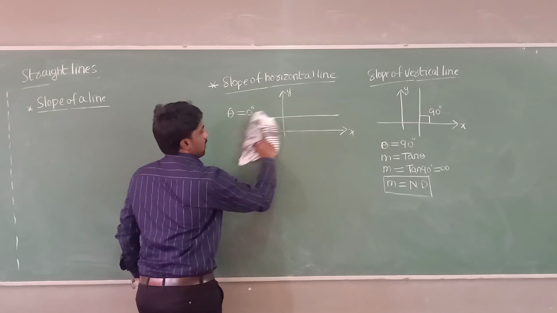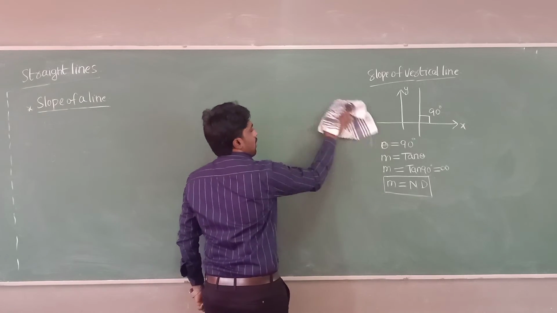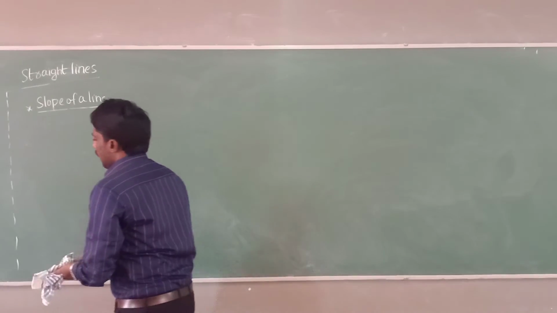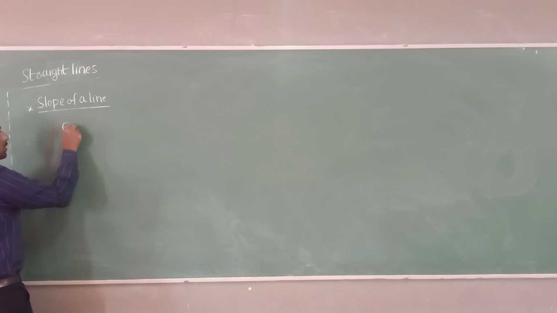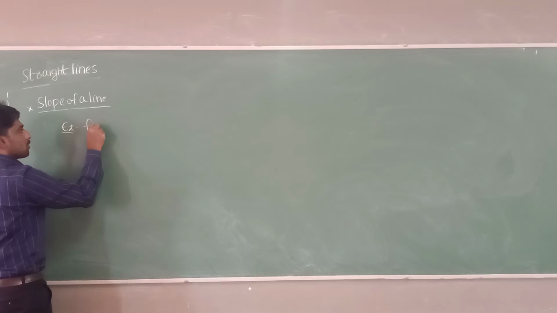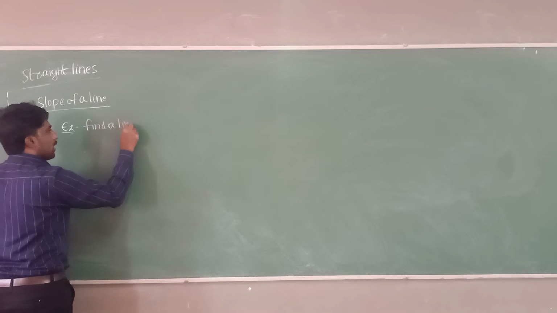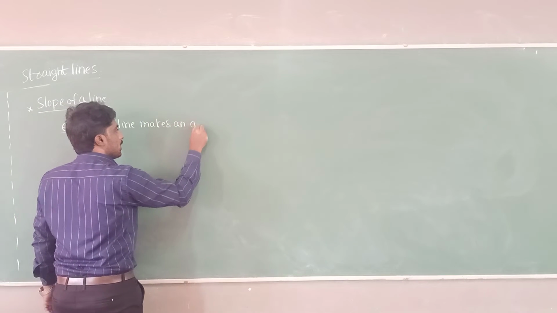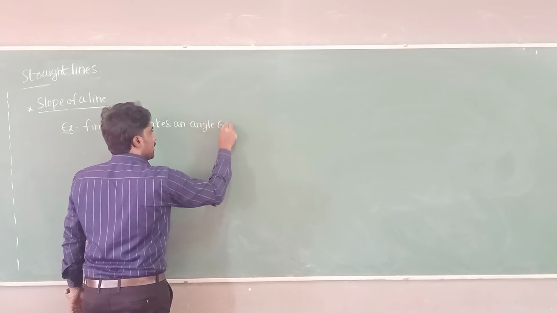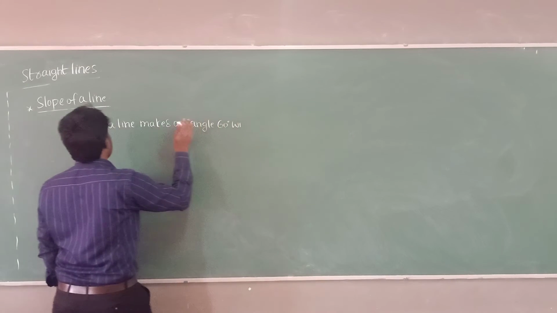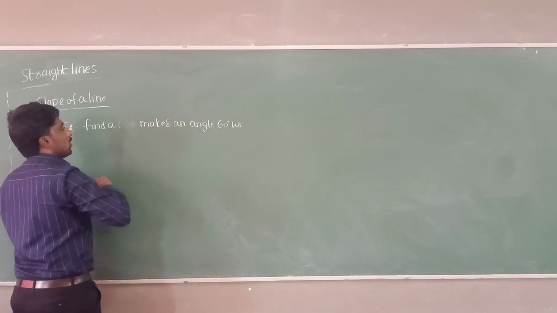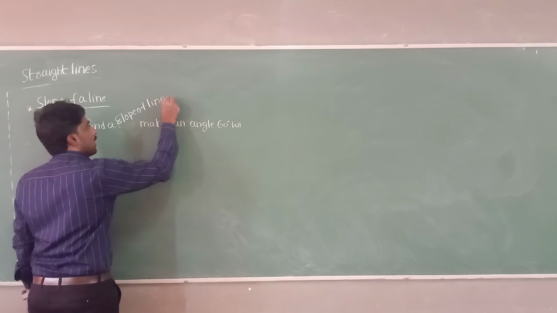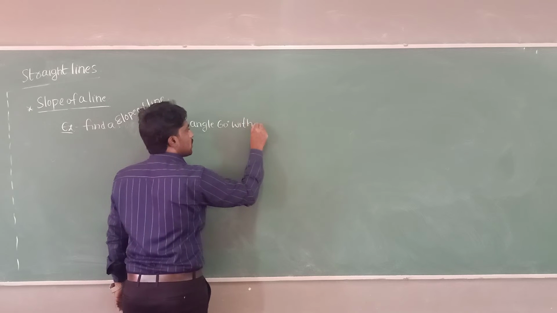Example: find the slope of a line that makes an angle 60 degrees with the positive x-axis.